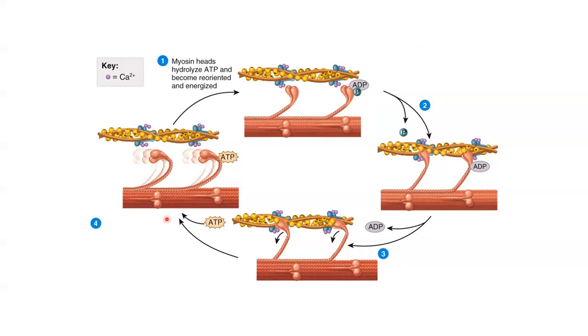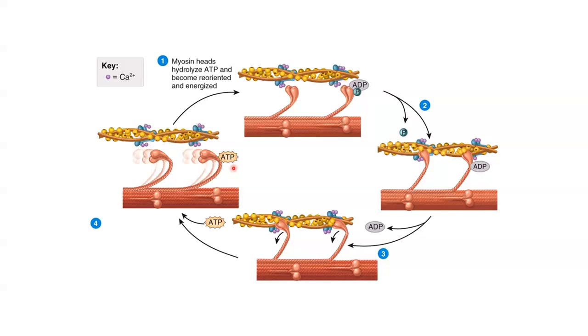The first step, in quotation marks, is that our myosin heads, so this is our myosin here, this is our actin here, hydrolyze ATP and they become reorientated and energized. So what that means is that our myosin heads contain an enzyme that breaks down ATP.